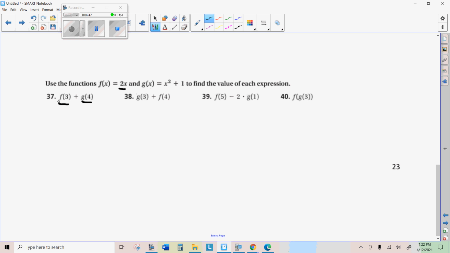So what I would do is take my f function, which is 2 times x, and put 3 in there. And then take my g function, which is x squared plus 1, and put 4 in for x. So do 4 squared plus 1, and add the 2 together. Okay, so think about that as you're doing the rest of these problems. So if you did this one right, you would get 6 plus 17 is 23.